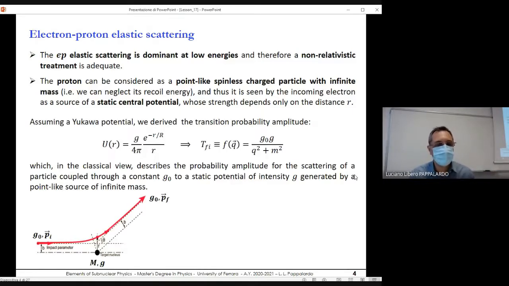Now, we can make use of our beloved Yukawa potential, that you know now very well.